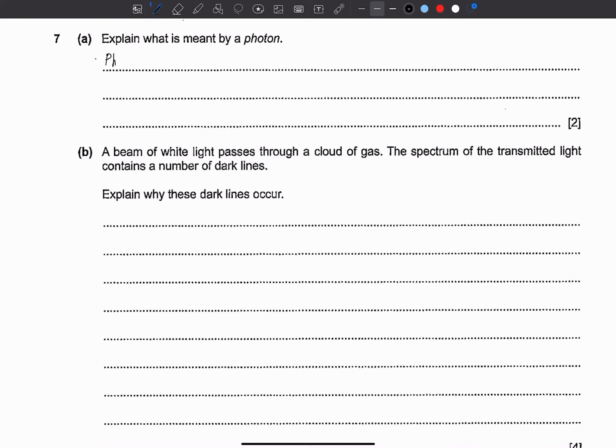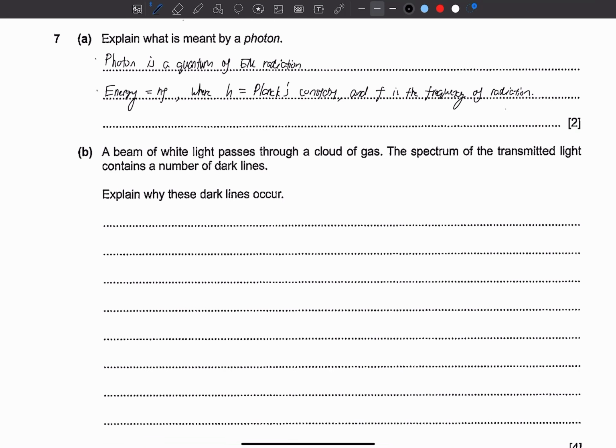So, a photon is a quantum of electromagnetic radiation, and it contains an energy which is equivalent to hf, where h is Planck's constant and f is the frequency of radiation.